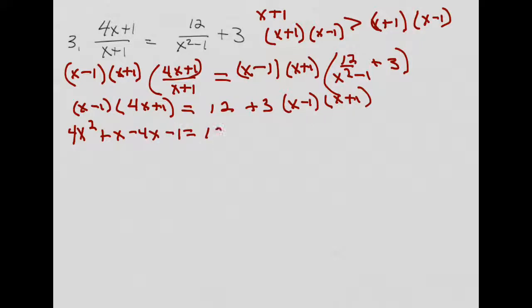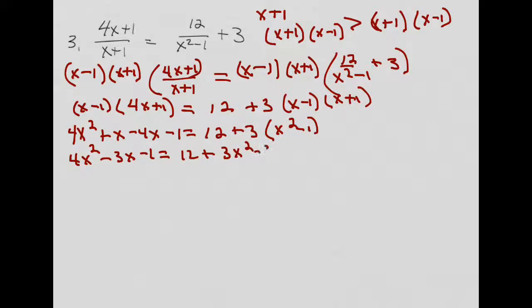The other side will have 12 and plus 3 times x squared minus 1. So 4x squared minus 3x minus 1 is equal to 12 plus 3x squared minus 3. 4x squared minus 3x minus 1 is equal to 3x squared minus 9.